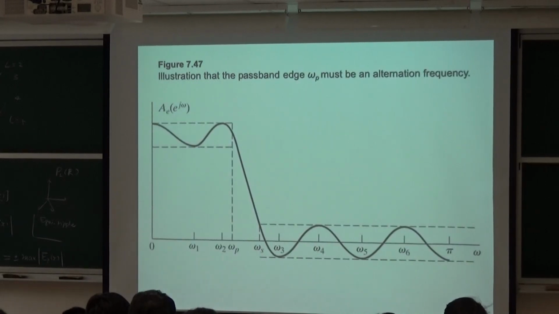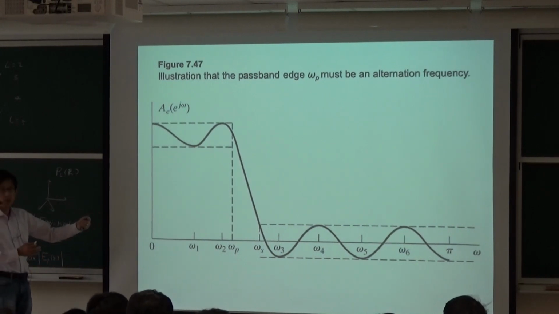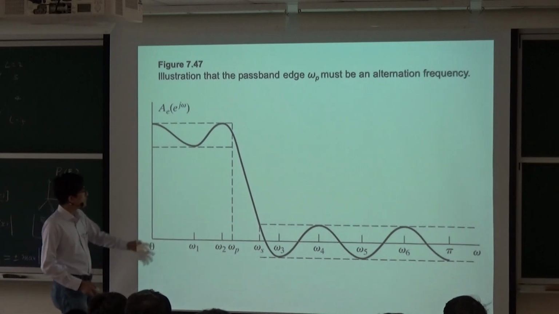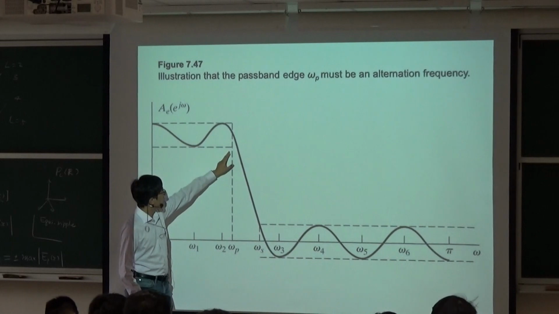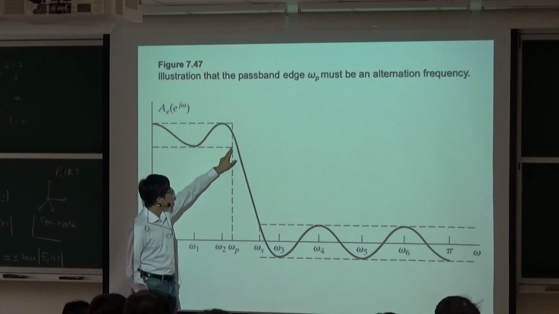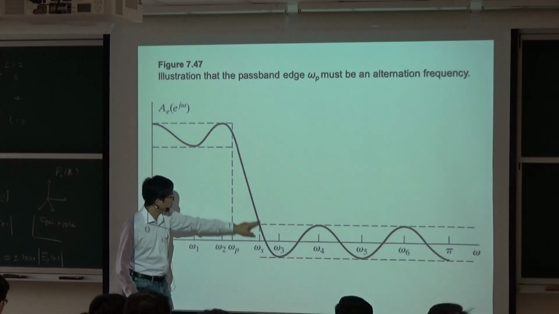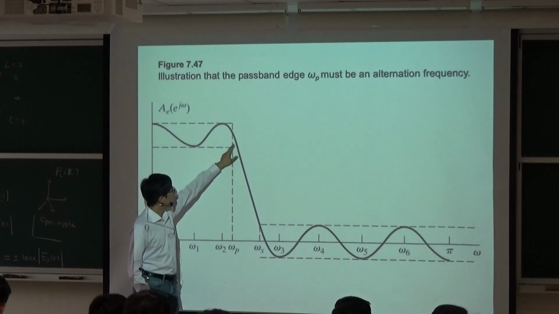And here is what I just said. It turns out that when we design a low-pass filter, we want to find an optimal solution. The alternating points must include the edge. If the edge frequencies are not alternating frequencies, then immediately we know that there's still room for improvement.